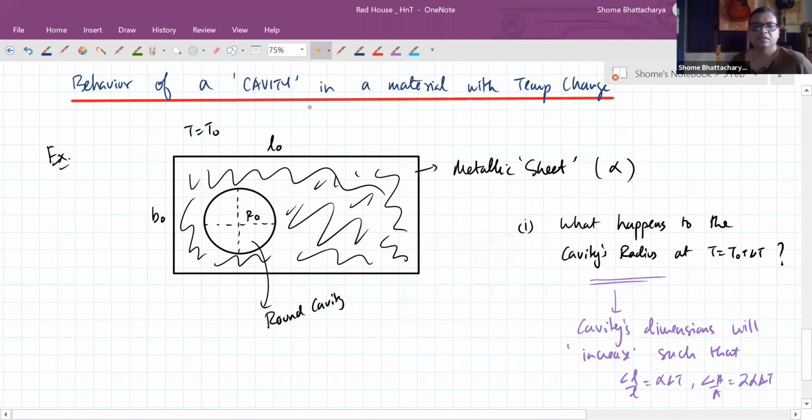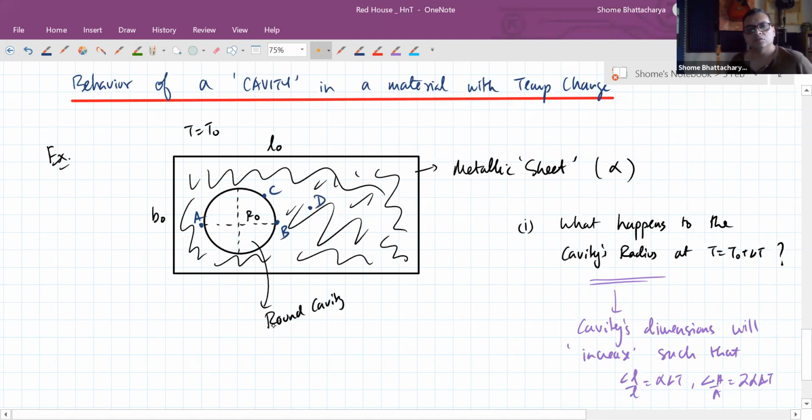Okay. So basically, when I increase the temperature here, what I want to explain is that supposing we had 2 points A and B over here, and let's say we had another point C over here, and we had another point D over here.